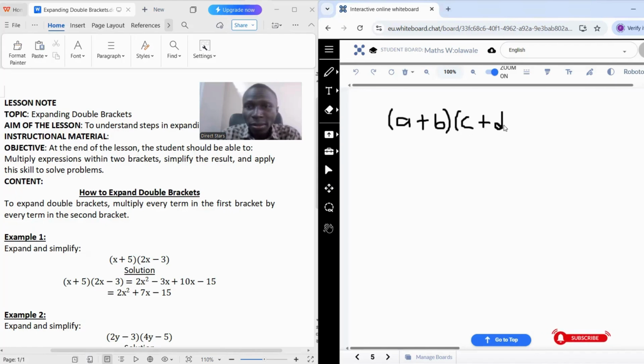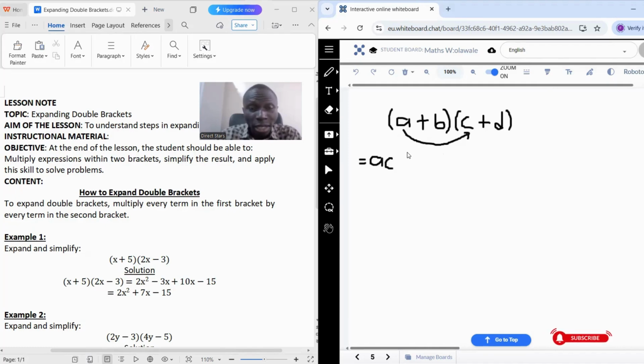If we want to expand this double bracket, we multiply the first term in the first bracket by all the terms in the second bracket. So here we're going to have A multiplied by C. A times C is AC.